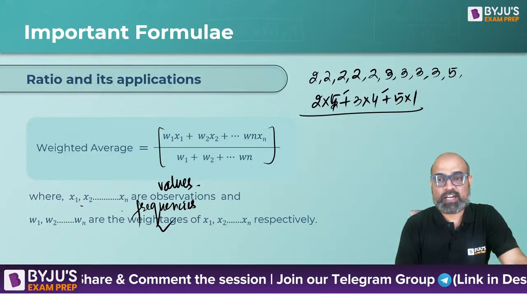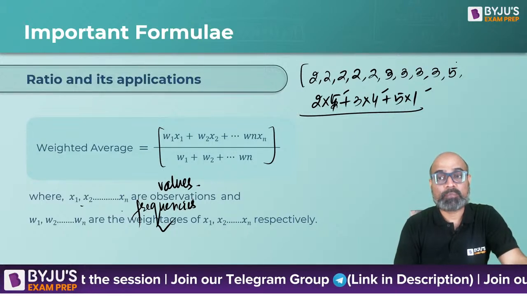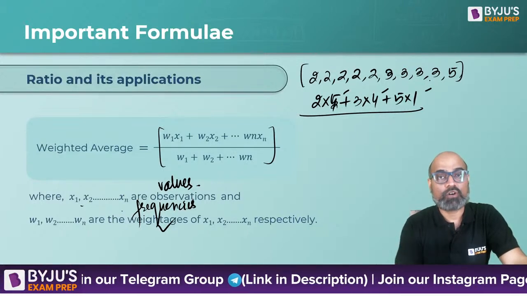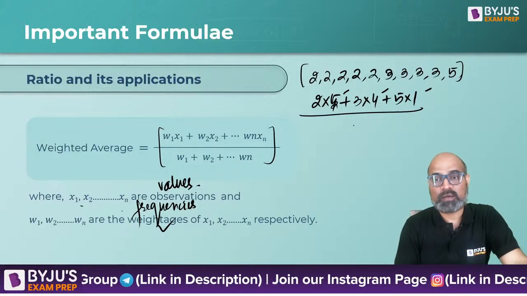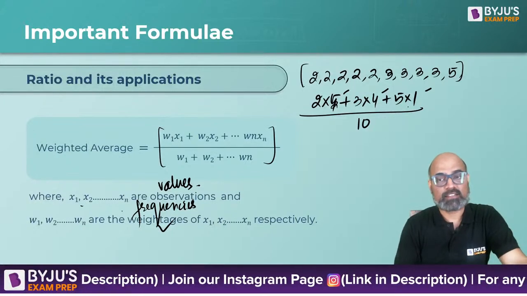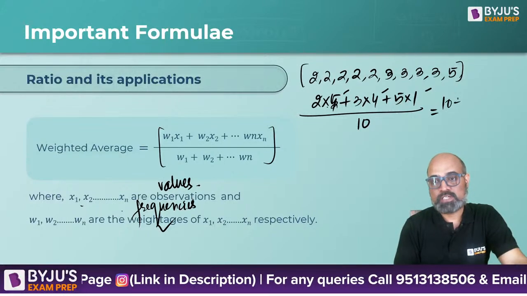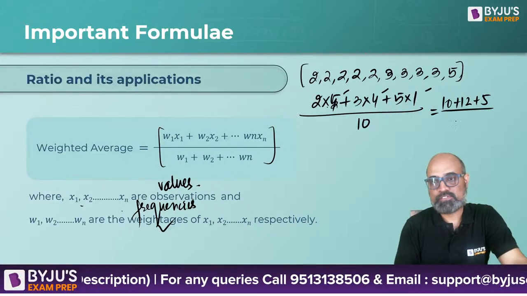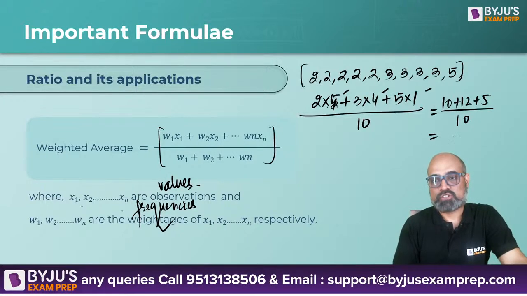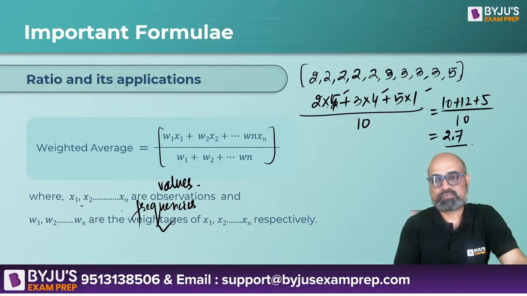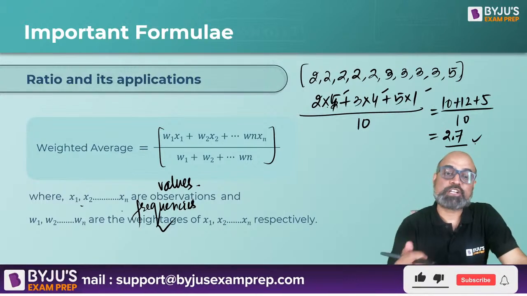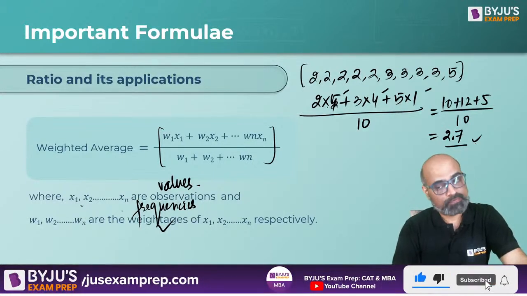The weights are 5, 4 and 1, as in how many numbers are written over here. That is called the total weight. So the total number of values written over here is 10. So this is going to be 10 plus 12 plus 5, all divided by 10. So this is going to be 2.7. So this becomes your average for these values.